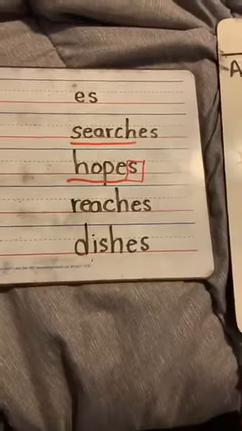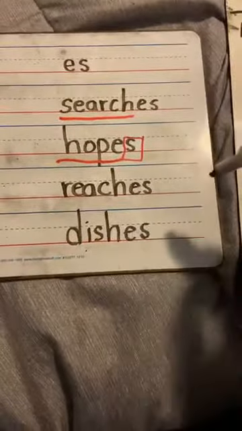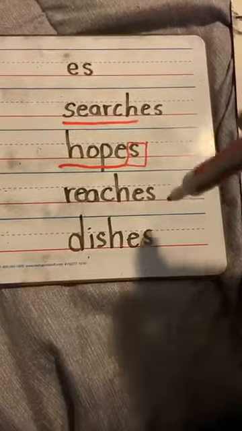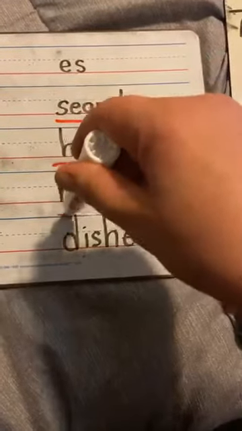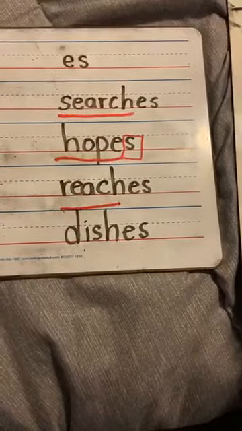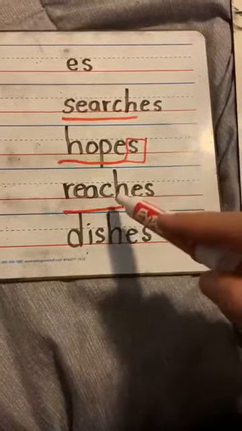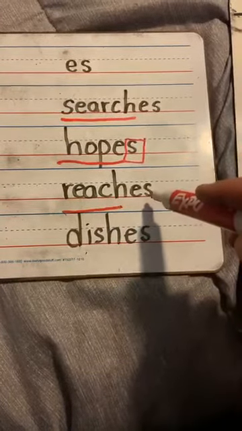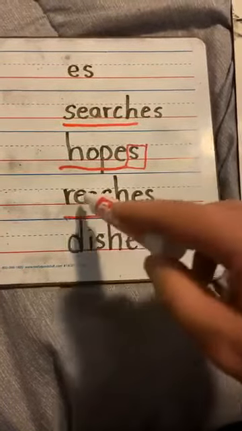Oh my, I tried to trick you and I couldn't. You guys are so good. All right, here's my base word. Reach. There's my base word. What does it end in? Yes, it ends in ch, so I know I have to add the es. The word is reaches. Very good.